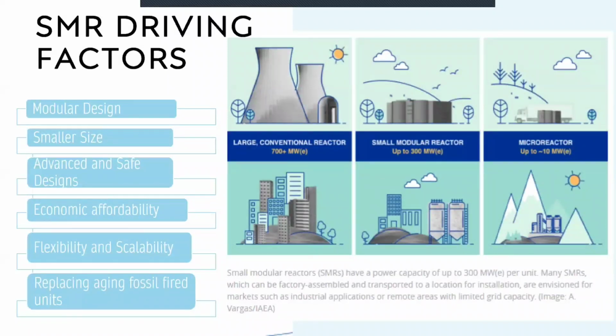So engineers and researchers have considered deploying a technology where we make the size of the whole reactor plant smaller. Small modular reactors, in comparison with the traditional reactors, are smaller.